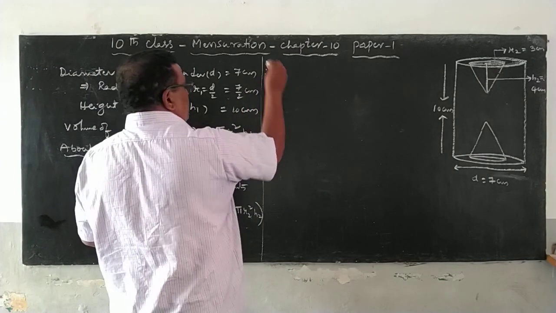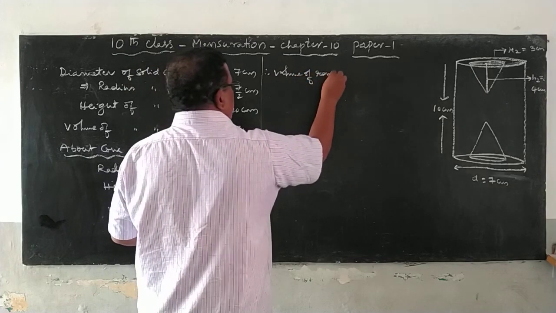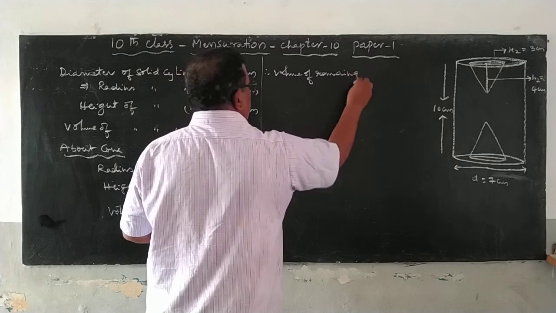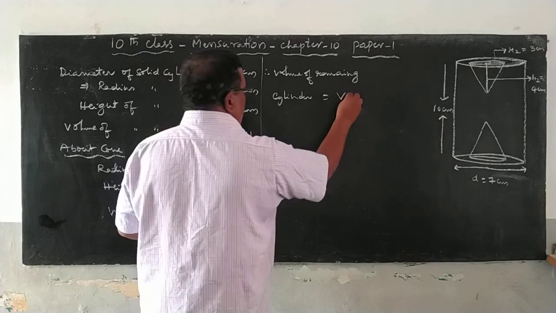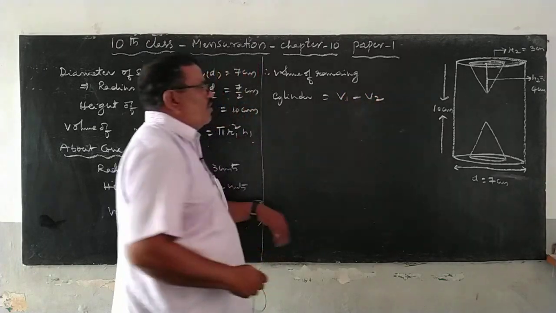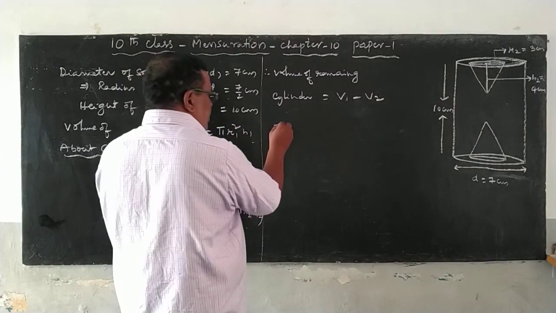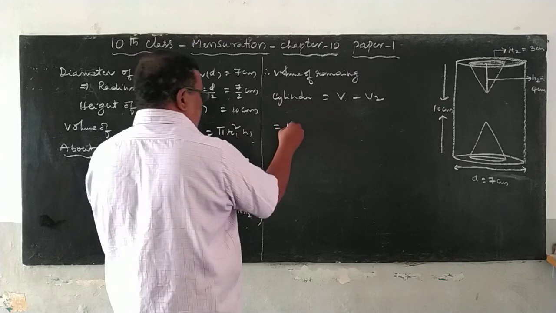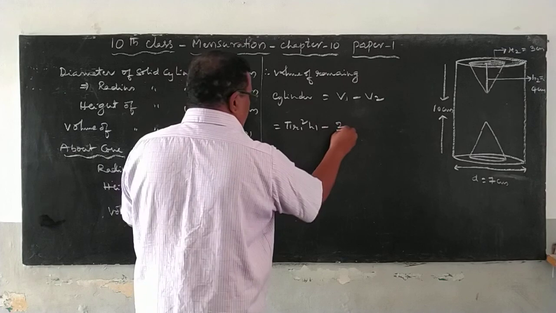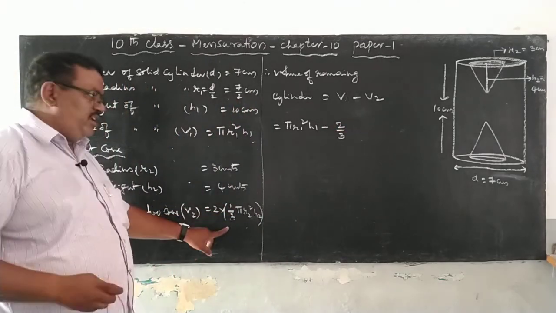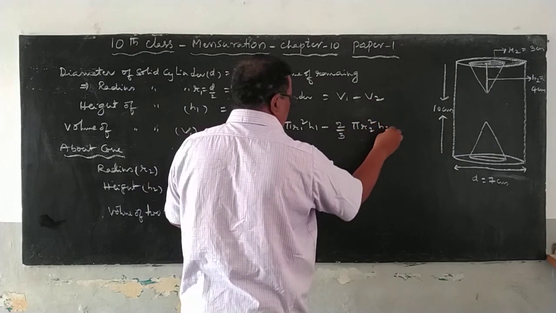Therefore, volume of the remaining solid, remaining cylinder, is equal to V1 minus V2. That means volume of cylinder minus volume of 2 cones. The formula is pi r1 square H1 minus 2 by 3, 2 into 1 by 3 is nothing but 2 by 3 pi r2 square H2.